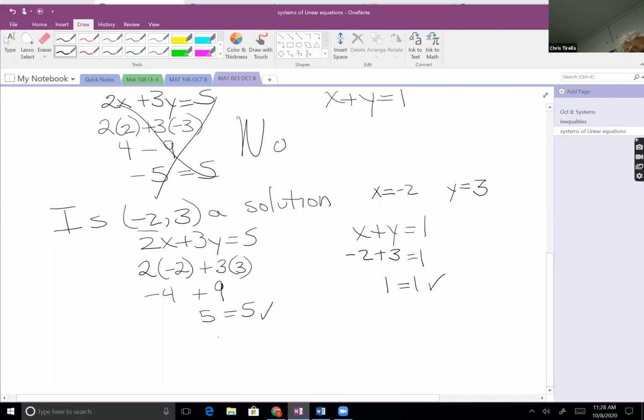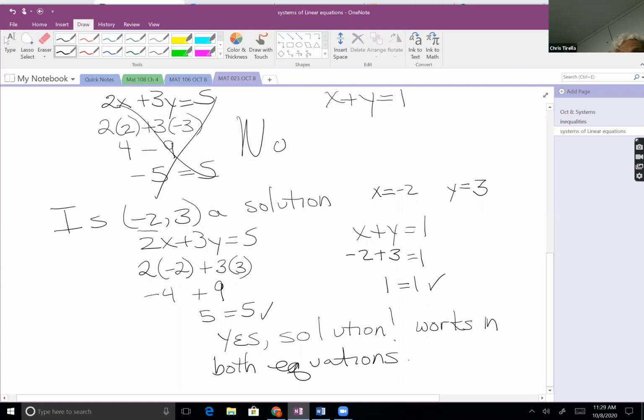And so now the answer is yes, it's a solution because it works in both equations. The idea is, if I have a solution, it has to satisfy both equations.